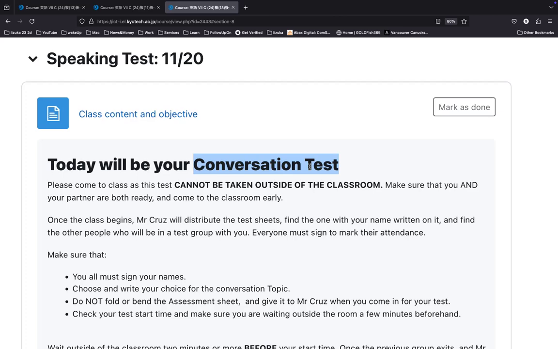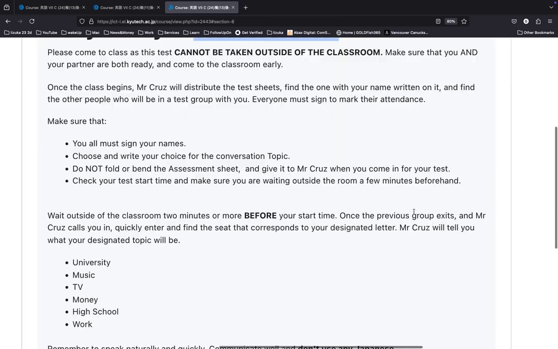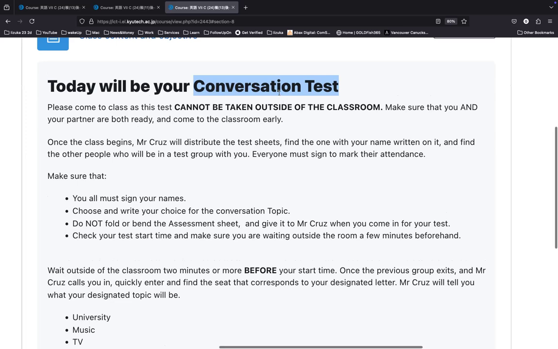And that doesn't necessarily mean that you have perfect English. What it means is that you're good at conversation, and that's a skill that's important in either Japanese or English. We'll go over that a little bit more in Japanese after I'm done with this recording, but please keep that in mind. This is not an English test. The conversation is in English, but it is a conversation test.